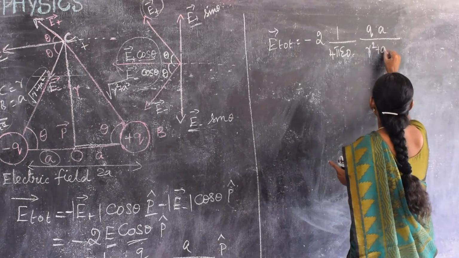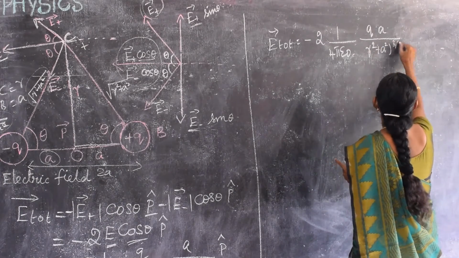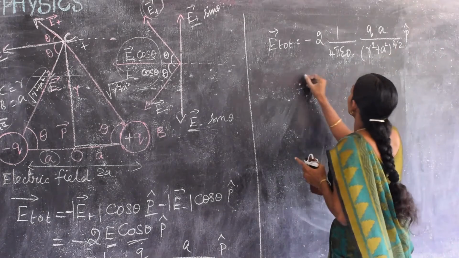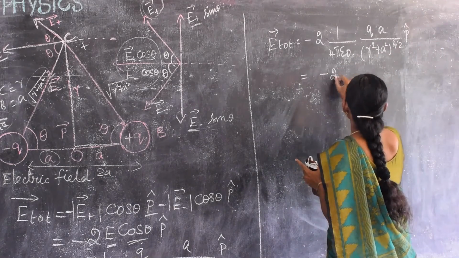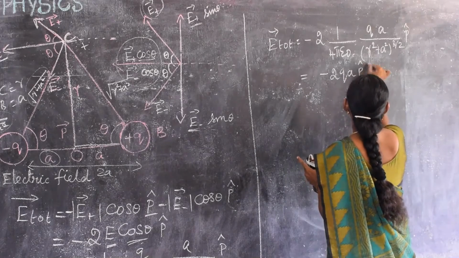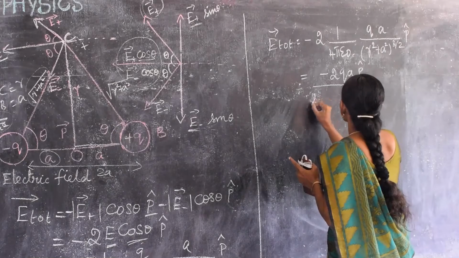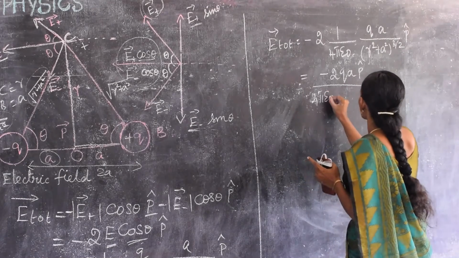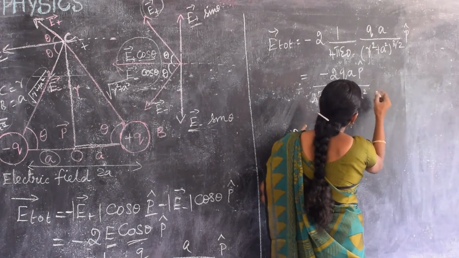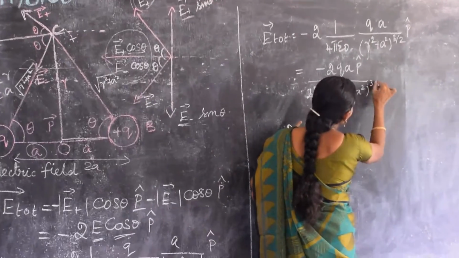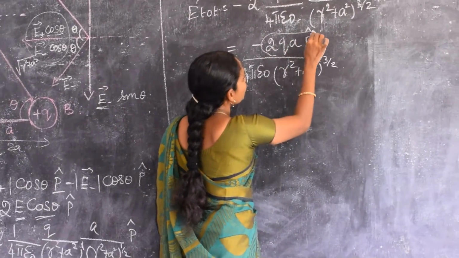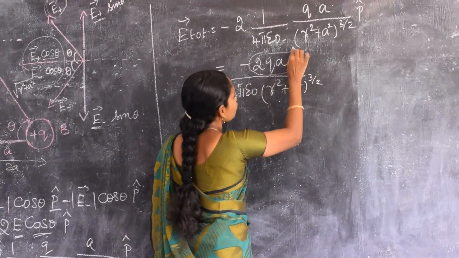So r square plus a square whole power 3 by 2 into p cap. Minus, in the numerator we get minus 2qa p cap, in the denominator 4 pi epsilon naught r square plus a square whole power 3 by 2. We know the value of 2qa p cap is equal to what?